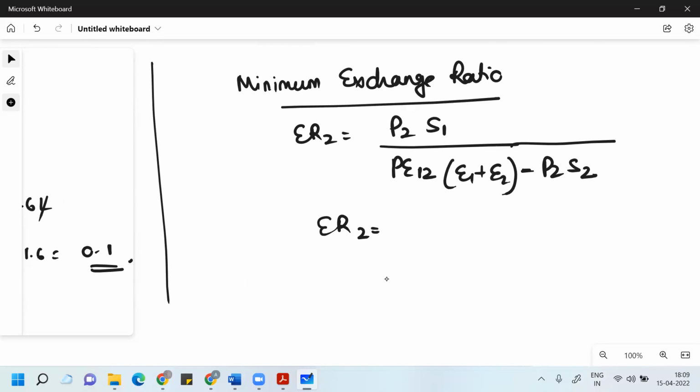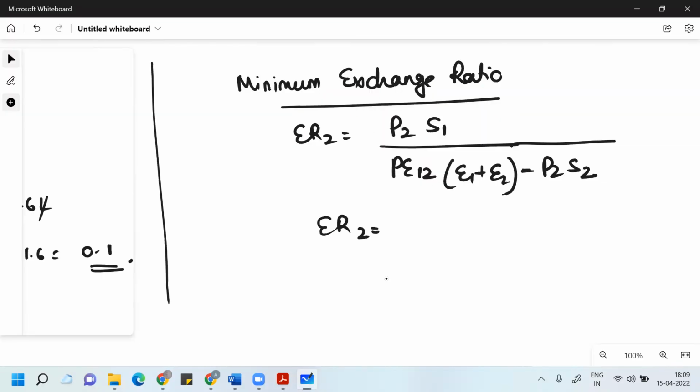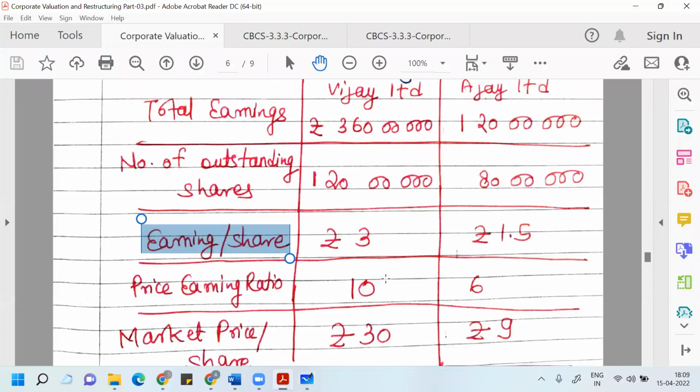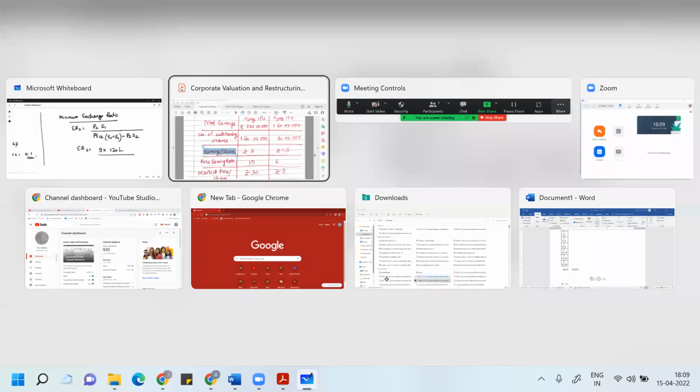What was the P2 value? P2 is 9, the market price per share. S1 is 120 lakh, divided by the price earning ratio of the combined firm.